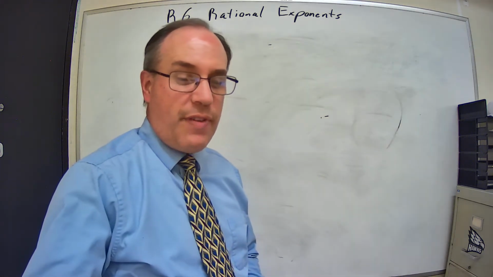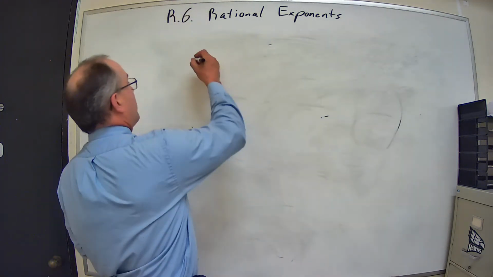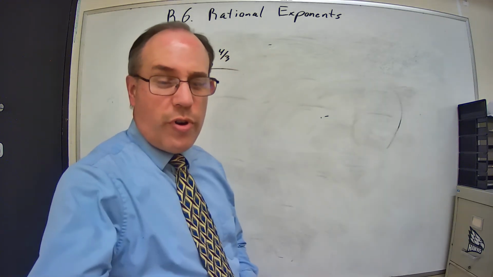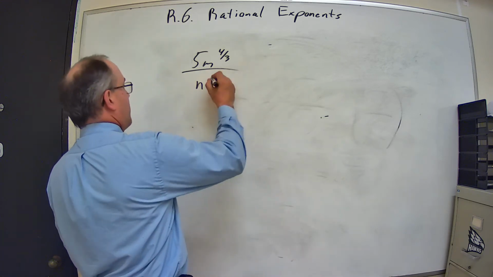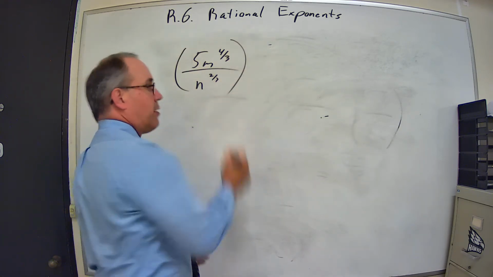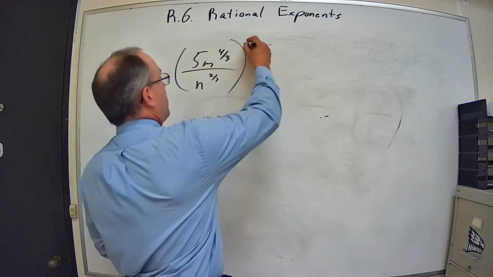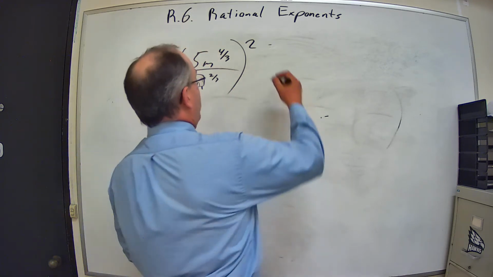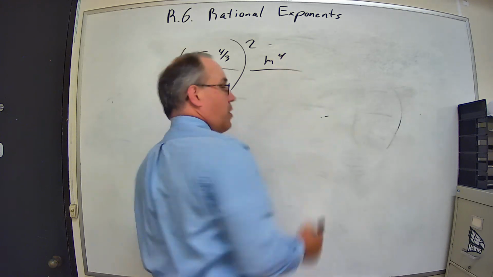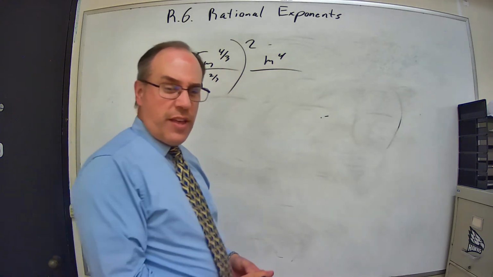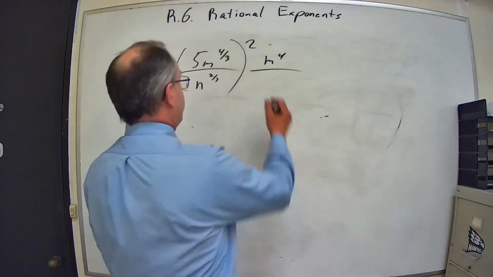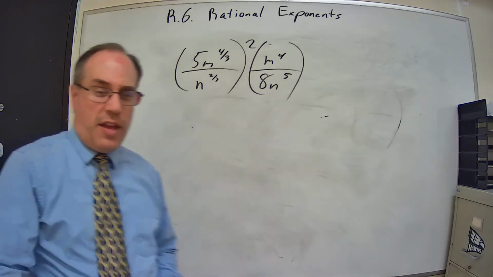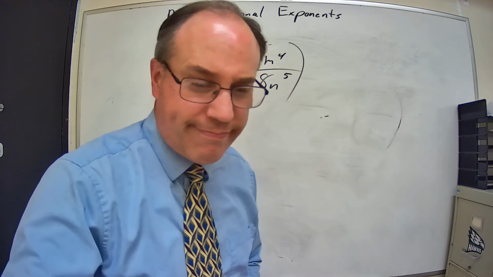What if I have 5m to the 4/3 over n to the 2/3 raised to the 2, so squared, times m to the 4th over 8n to the 5th. And raise that to, why not, 1/3.